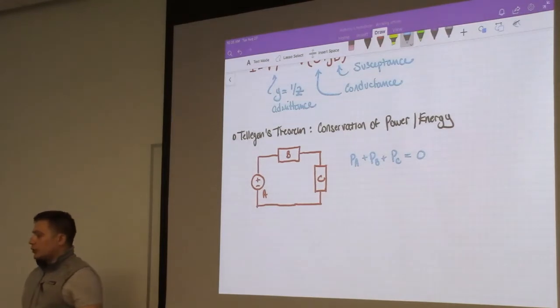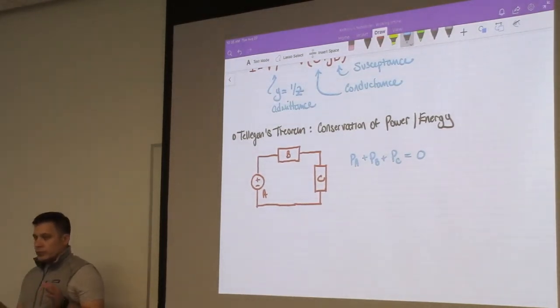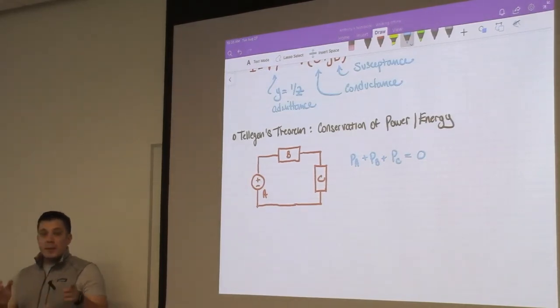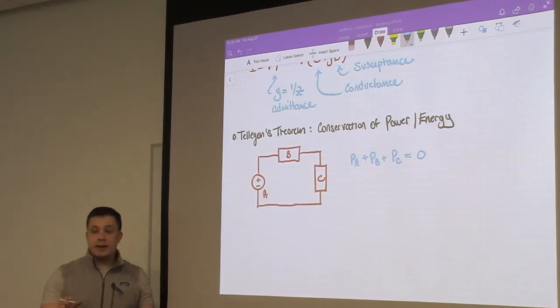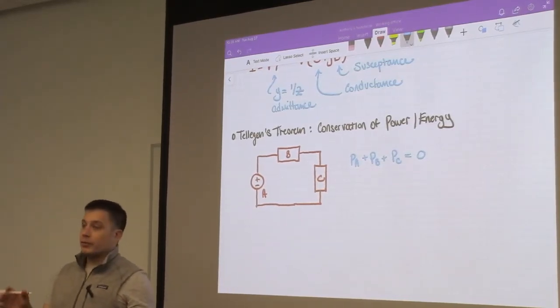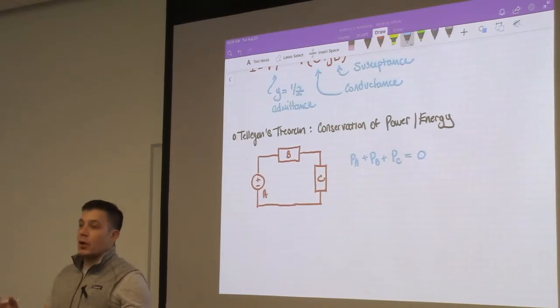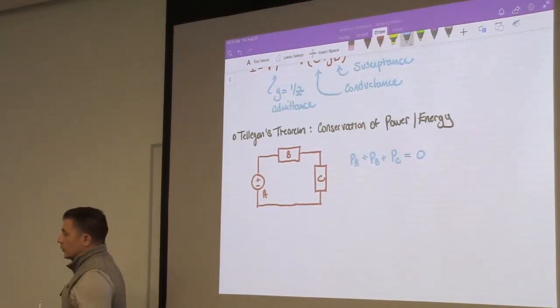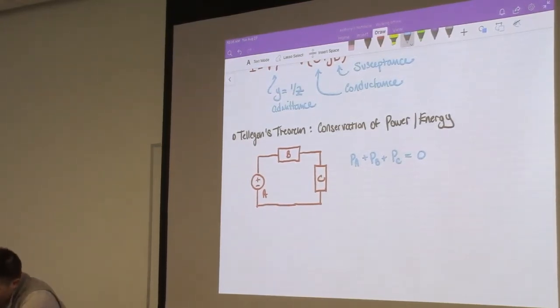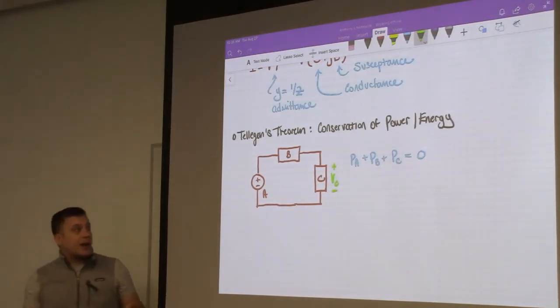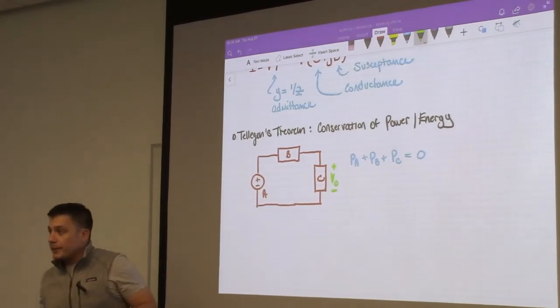Now, in order to properly define PA, PB, and PC, we have to know what the polarity is and what the referential direction of current is for all of these components, right? So let's write those out. We're going to use our passive sign convention. So what we know is that VC, I'm just picking this direction. I could go the other way.